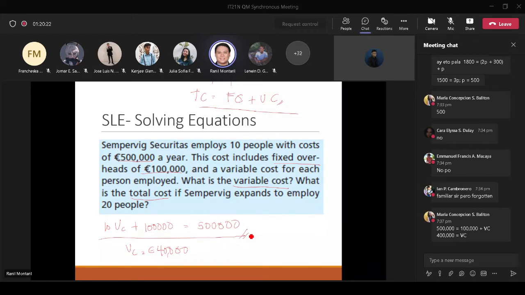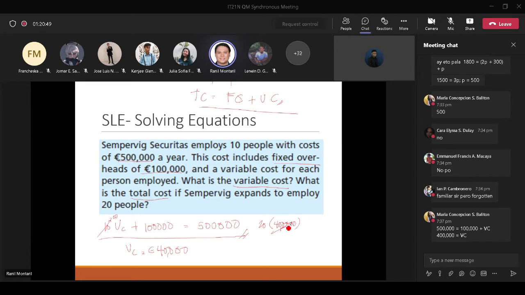Now, the next question is, suppose naging 20 to, no? It increased to 20. So therefore, the total cost will also increase, right? Leaving us with 20 multiplied by 400,000. Tama naman ang 400,000, tama ba guys? Or 40,000 talaga? 40, no? 40, sir. 40,000. So sorry.